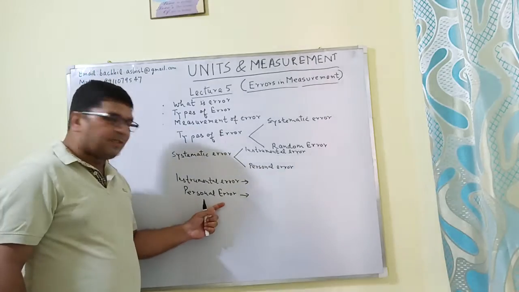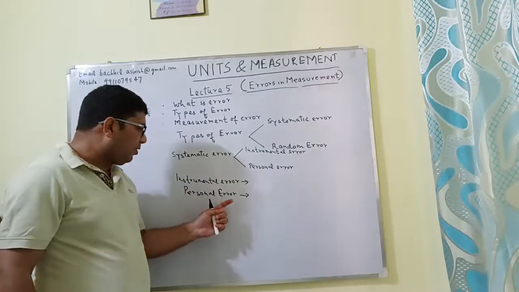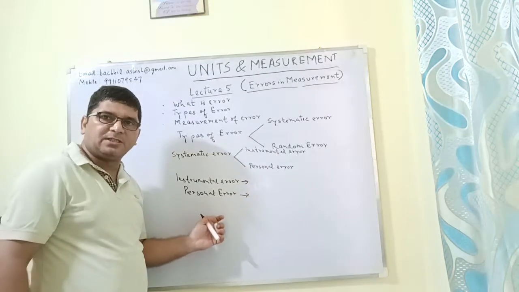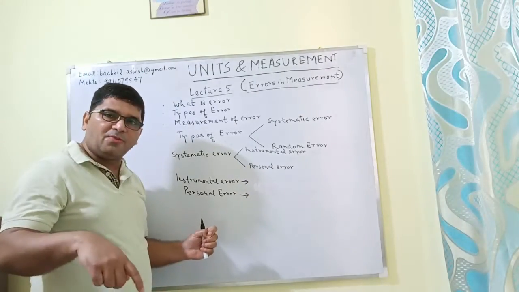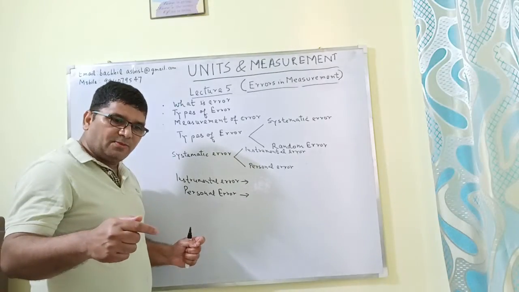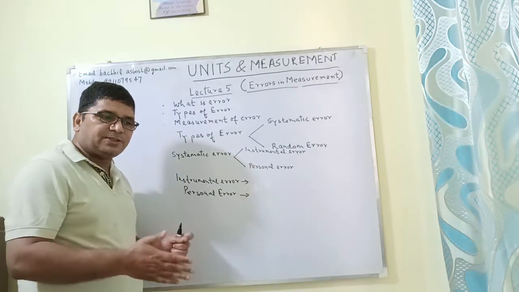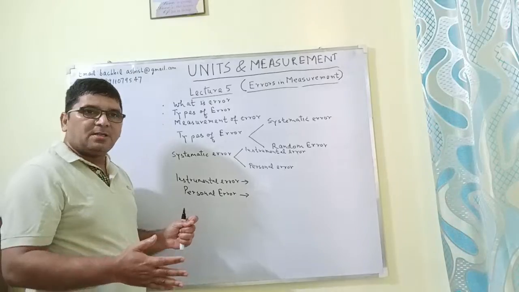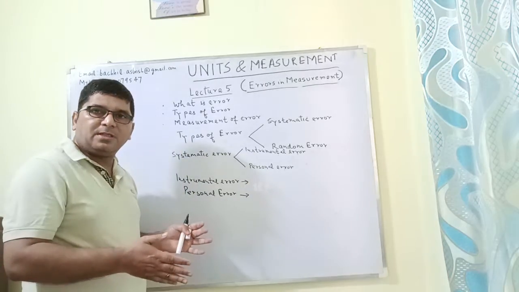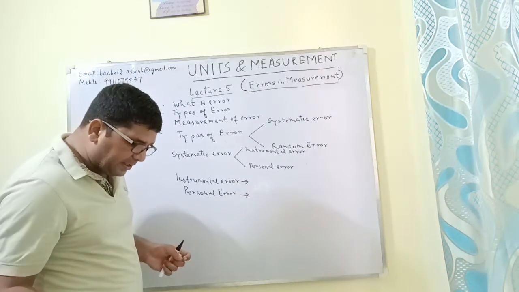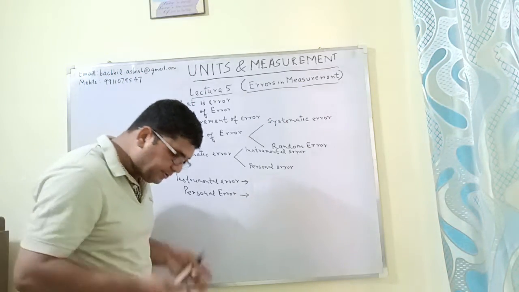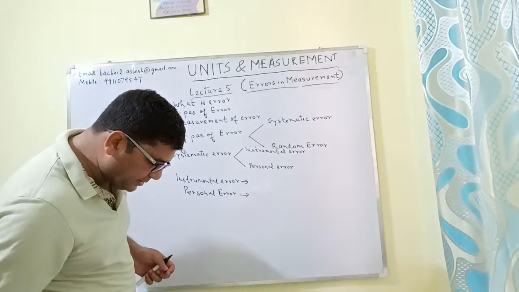So the personal error arises because of the carelessness of the person who is taking the observation, and more often, whenever a person is taking the readings, his head position is of prime concern. Sometimes many people taking readings do not keep the head straight; they keep the head like this in a slanted position.